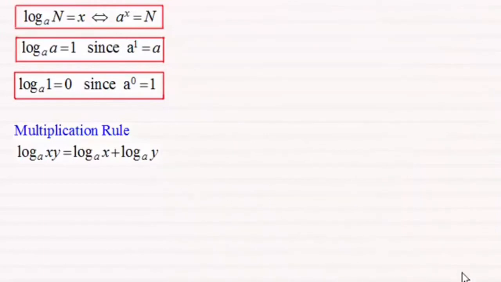Now there are other rules. I'll introduce you to 2 more rules. The next rule is the division rule. The log of x divided by y in base a is exactly the same as the log of x in base a minus the log of y in base a. And you could verify this rule easily on your calculator, just as we did with this one up here, the multiplication rule.